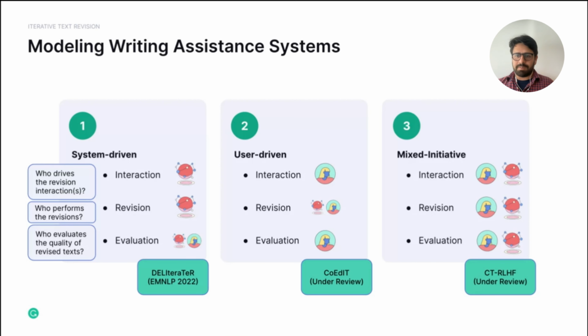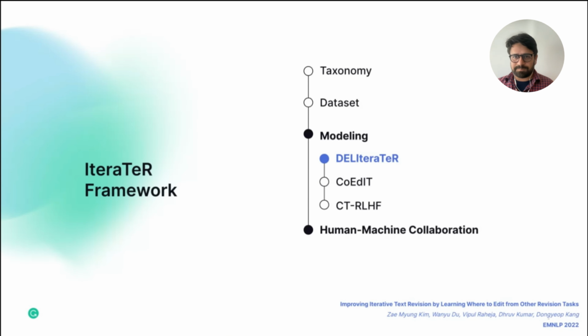And that enables a much more balanced and higher quality revision experience. And one thing to note here is that the machine, by design, will always be a primary driver of revision, because we are talking about writing assistants.